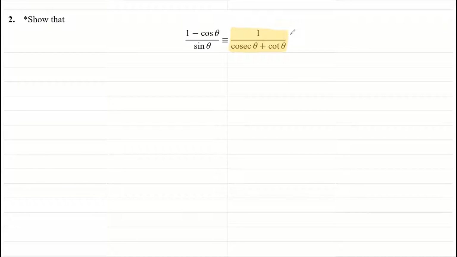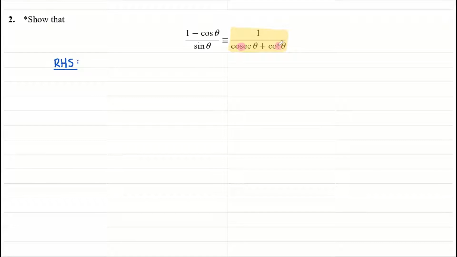So let's have a look at the right-hand side this time. And notice as well, there's nothing squared, there's no double angles, so there's no need to write any of that down. We just need to be aware of what cosec and cot actually can be converted into. So we can see that we've got the third letter rule going there.